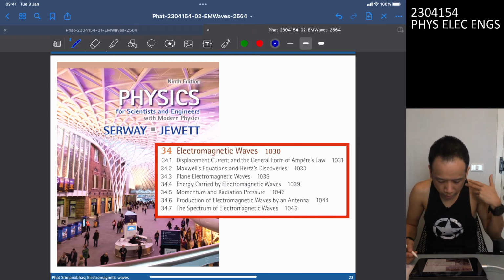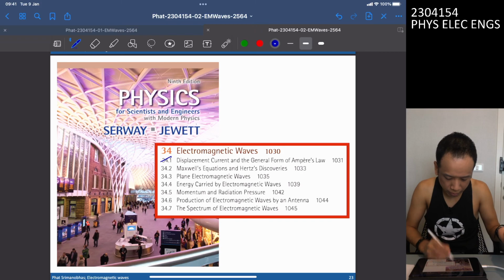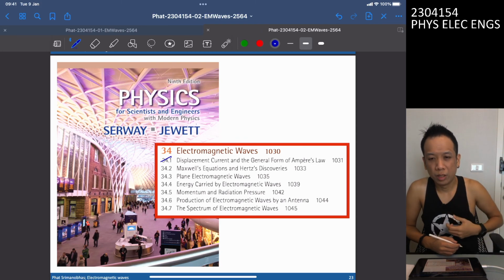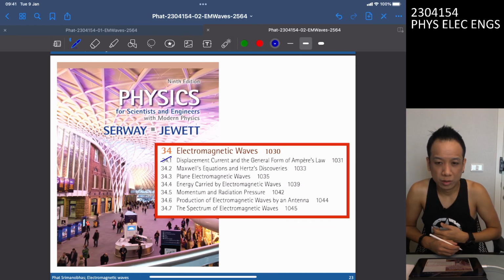So you need to introduce what we call the displacement current, which was introduced by Maxwell. And then we have the general form of Ampere's law. This is what we have learned. After that, we talked about the Maxwell equations. So basically, the form of the three laws that we have.